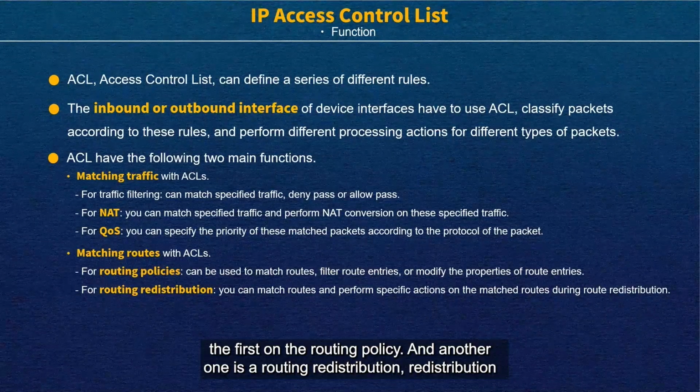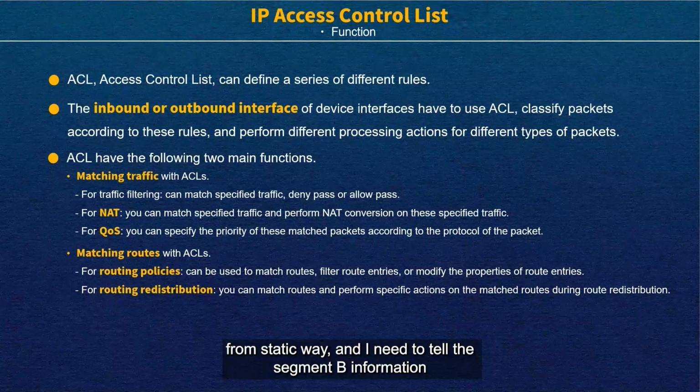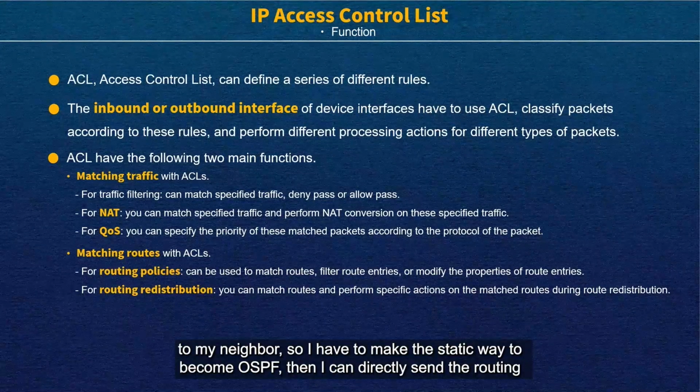And another one is routing redistribution. For redistribution, you can think of it this way: I already get segment A from OSPF, and I also have segment B from a static route. And I need to tell my neighbor the information of segment B. So I have to make the static route become OSPF.